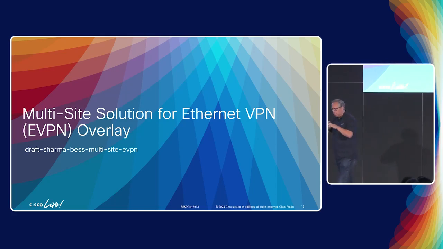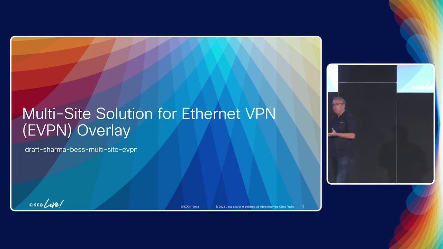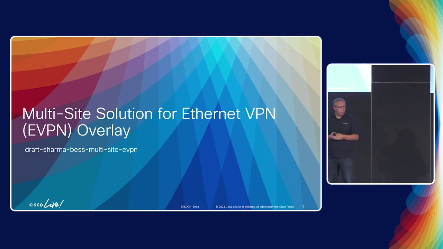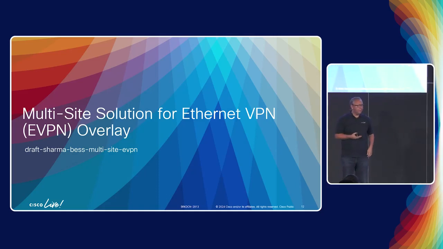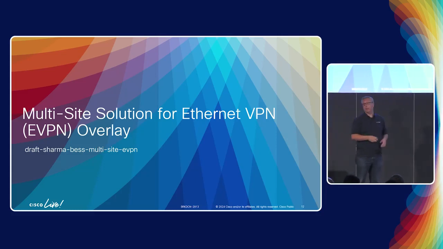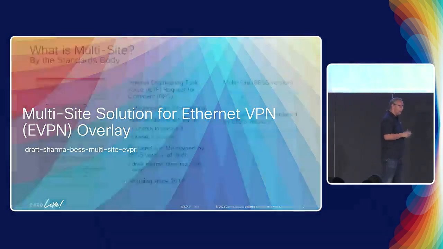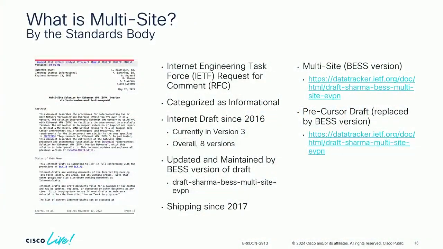We need to look at the whole story a little bit more holistically, and we started writing what we call the multi-site EVPN draft. If you go to that draft and read it, I hope it's still up to date. We have to do it every 6 months, so the version number goes up and it doesn't expire. But when we started doing this, every layer 2 procedure was based on RFC 9014.